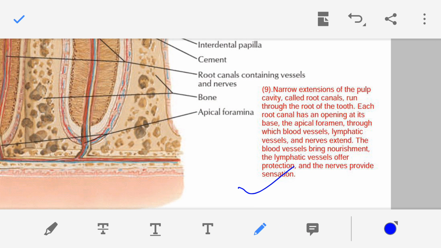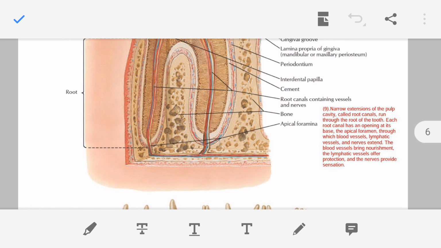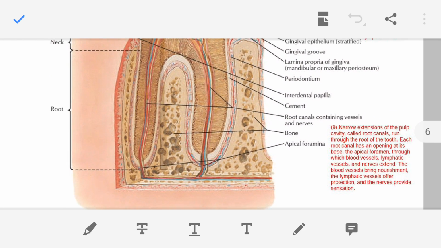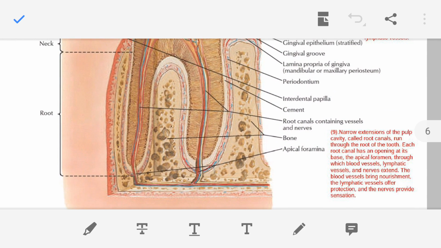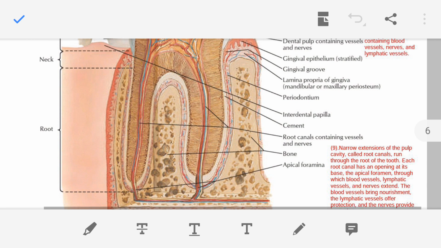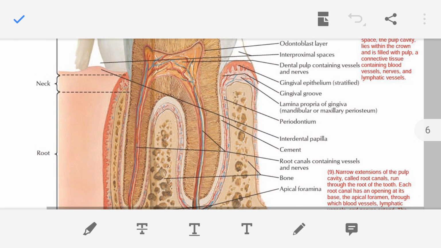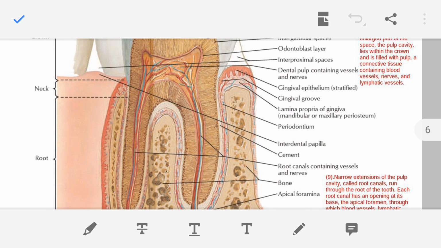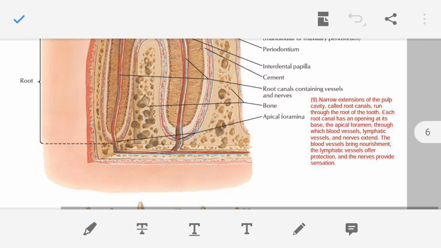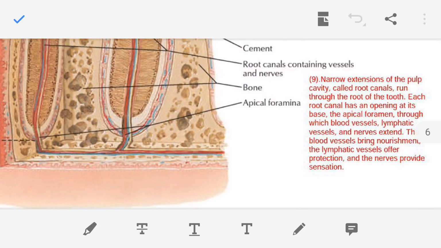Sensation means, let's say we are having hot tea, or in the afternoon we are having cold cocoa. With the help of the nerves present in our tooth, we can detect that the tea is hot or the cocoa is cold. So that is the meaning of sensation.